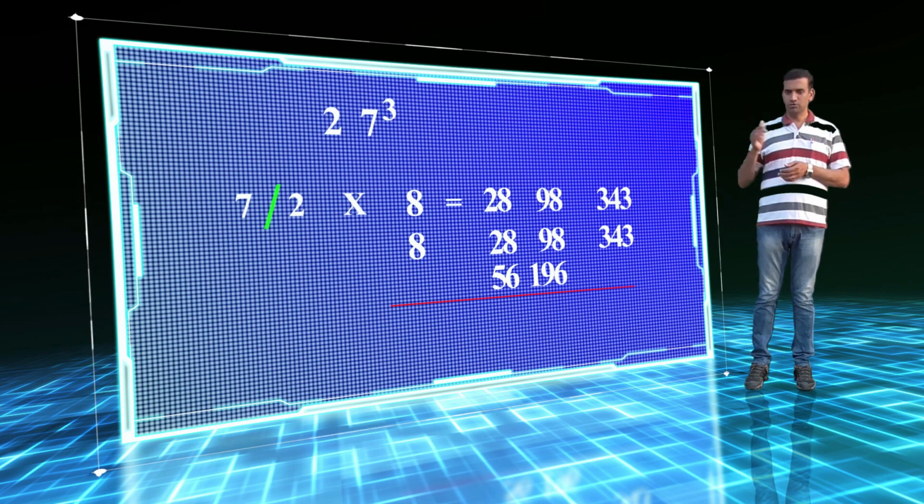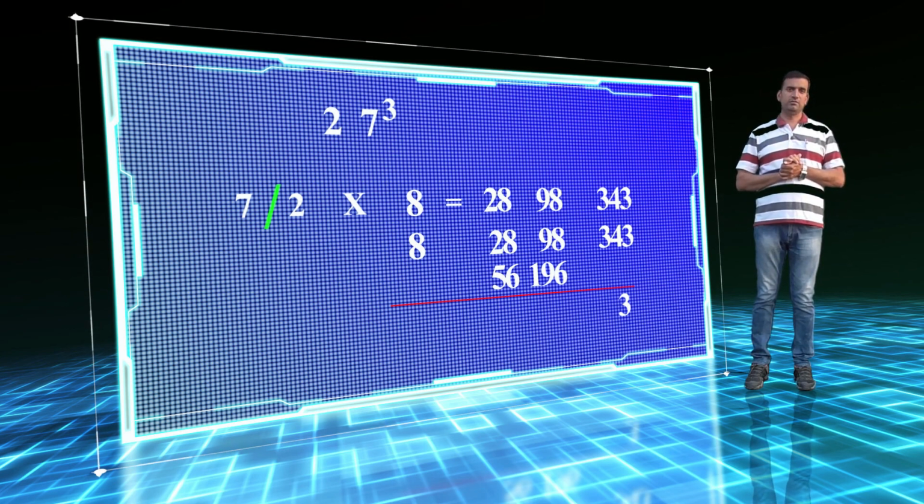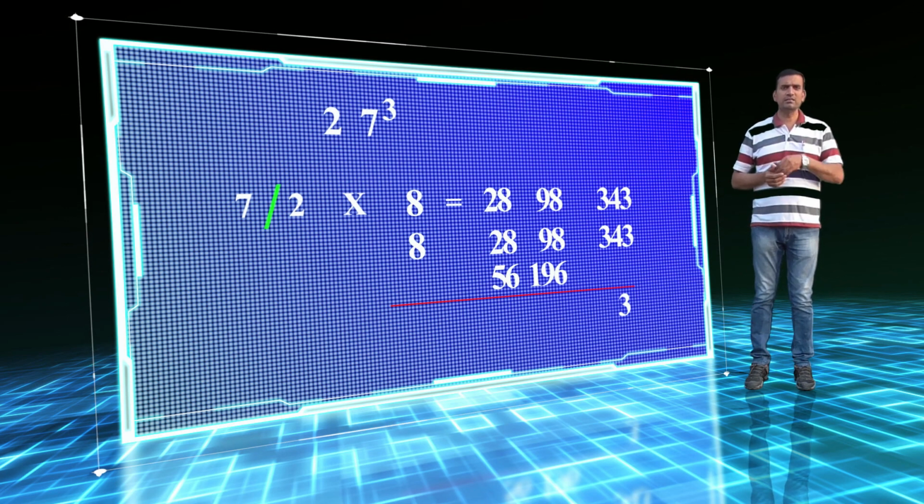So write down 3, carry 34. Now 34, 98 and 196. You can add in this way: instead of 196, take it as 200. Instead of 98, take it as 100. So 200 plus 100, 300.